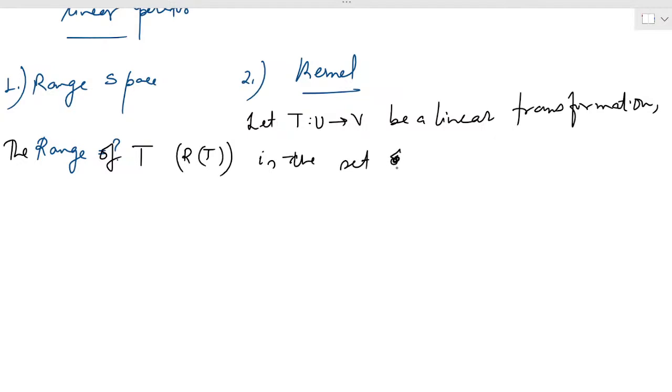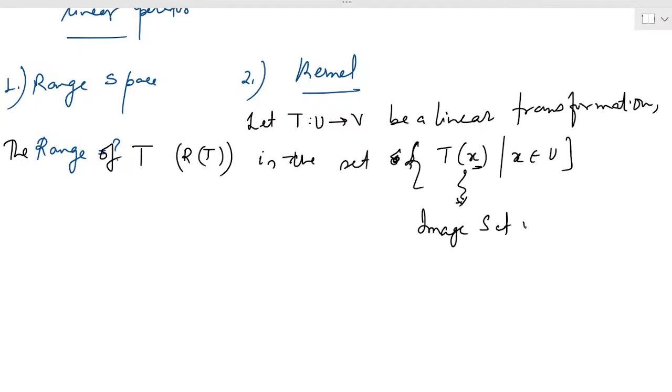I'll write it in a mathematical way, the set of the images of U. You take all the elements from U and see what image set is created. So this is the image set of U, and it is called the range of T, and this particular space is called the range space.